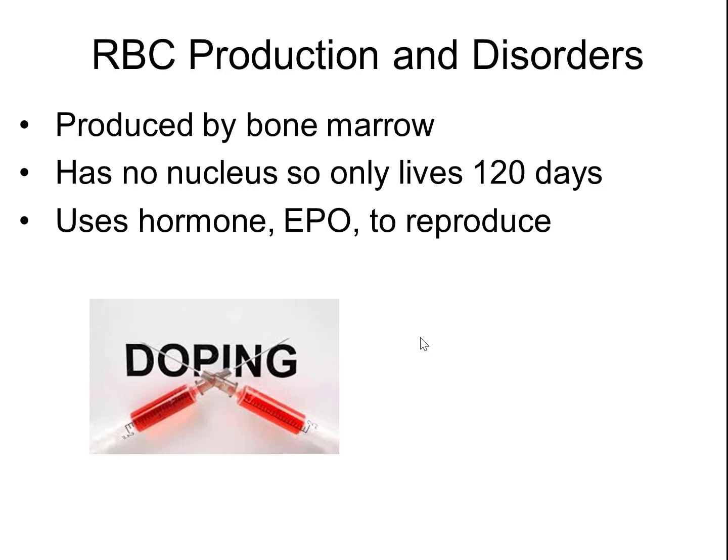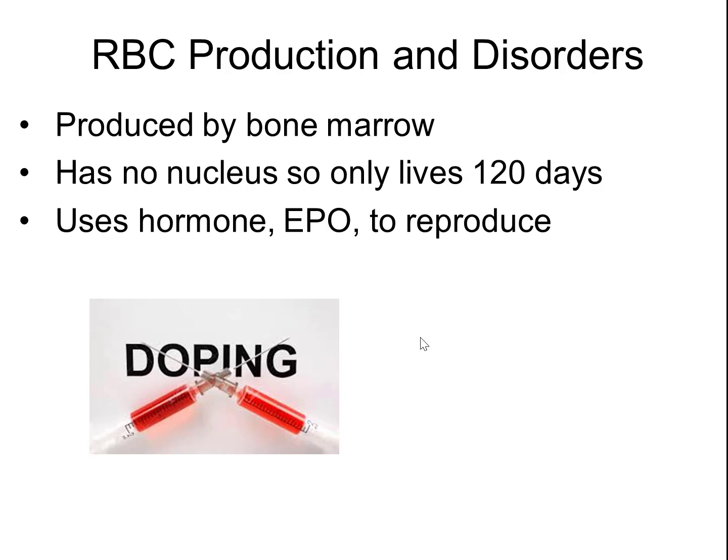And the reason why that's advantageous is, go back to the role of the red blood cells. What do they do? They carry oxygen. If you have more red blood cells, you can carry more oxygen. Remember, the more oxygen you have, the more energy you can make. So the athletes are gaining more energy by having more red blood cells.